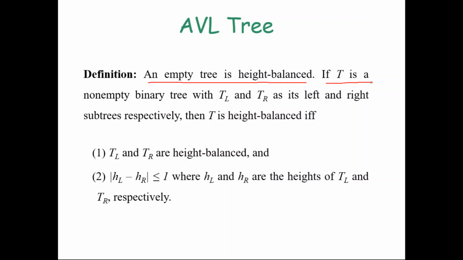Then, if T is a non-empty binary tree, and TL is the left subtree of T, and TR is the right subtree of T, then T will be called height balanced if and only if TL and TR are height balanced.